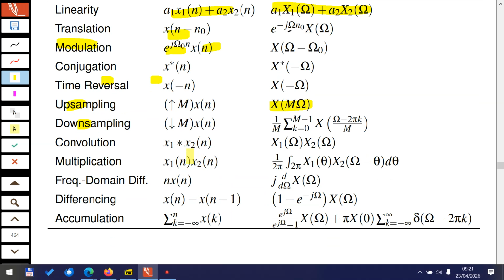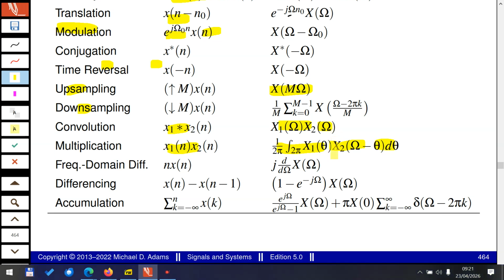And convolution corresponds to multiplication in the frequency domain, and multiplication corresponds to this thing. You can think of it as periodic convolution, because x1 and x2 are periodic, right? You can write this as x1, x2, periodic convolution, right?